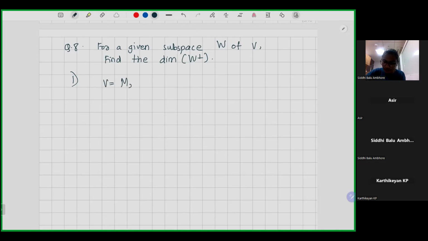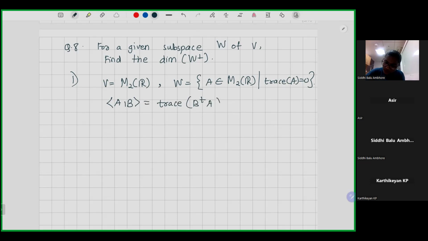Let us take V equal to M2R, and W is the set of A in M2R such that trace of A is equal to 0, and the inner product of A and B is trace of B transpose A. So we have to find the dimension of W perp.